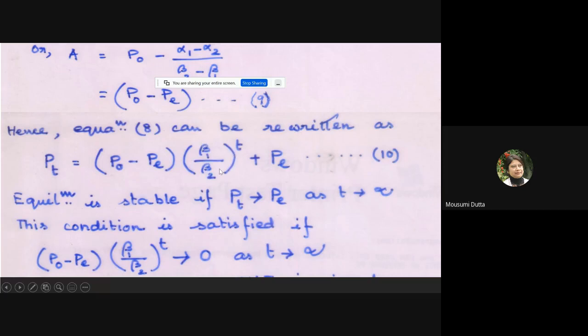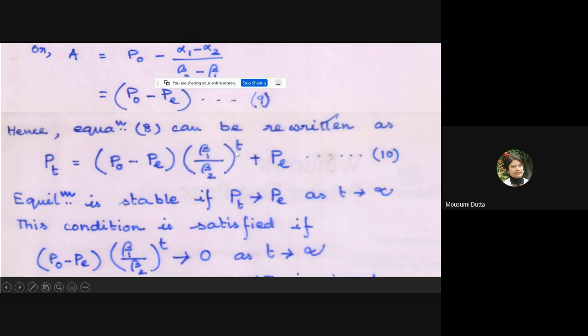For example, to understand the matter in a better way, let's consider both beta 1 and beta 2 are positive. The values of beta 1 and beta 2 are positive. So if you get minus beta 1 by beta 2, that indicates the value is negative.